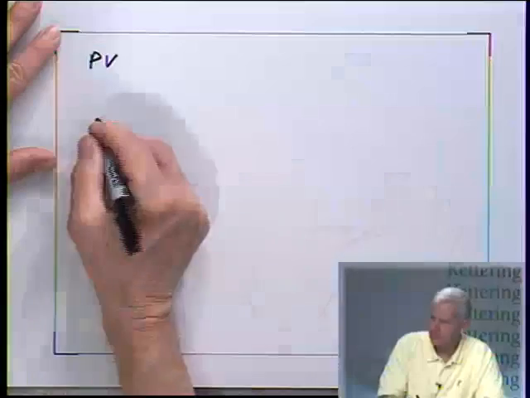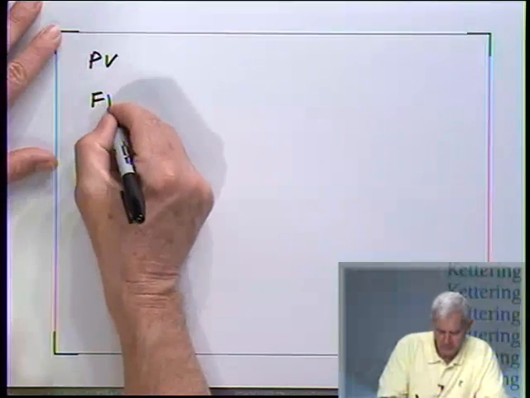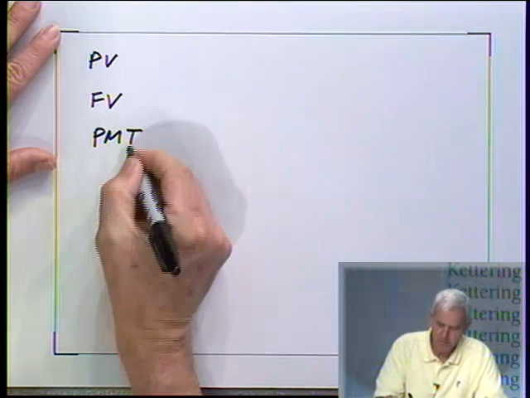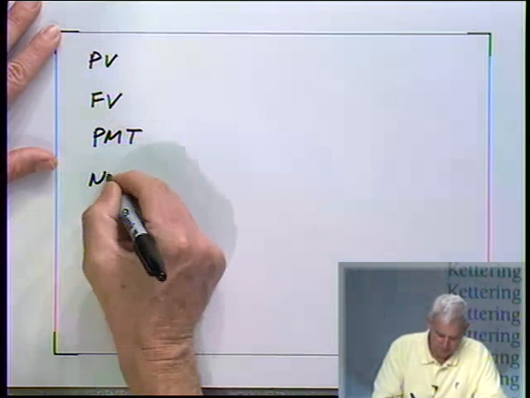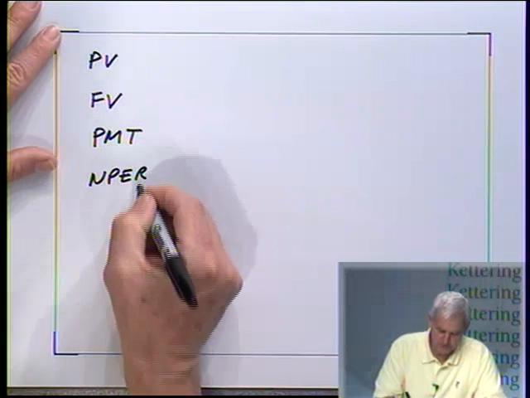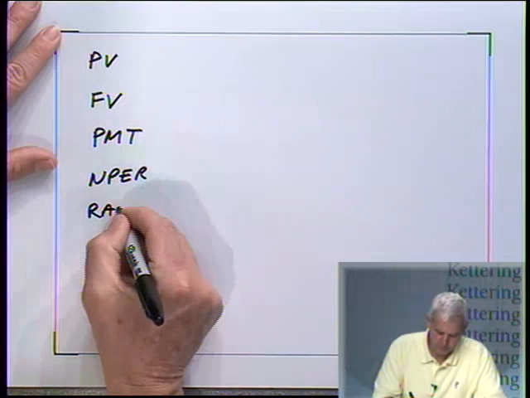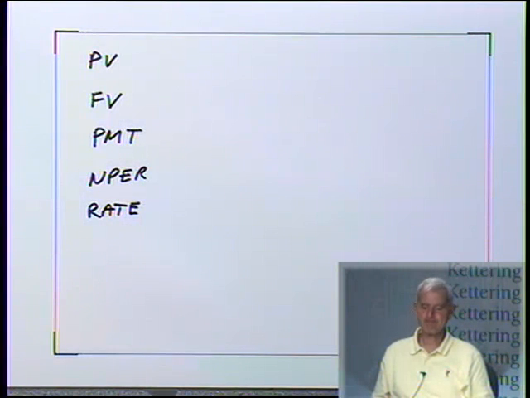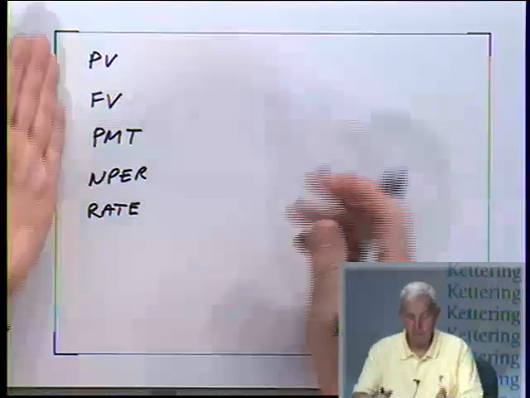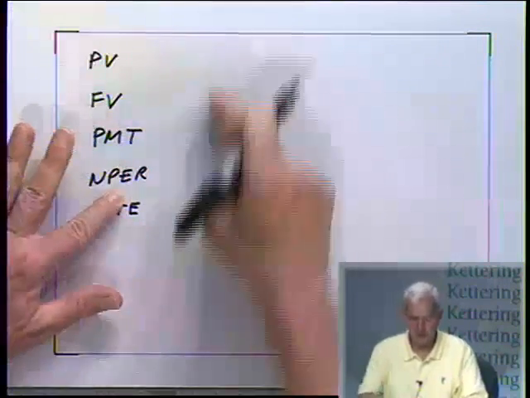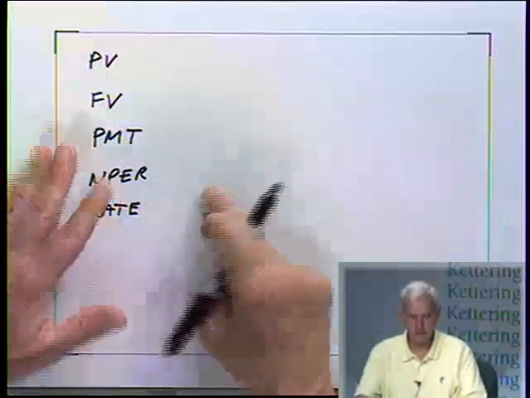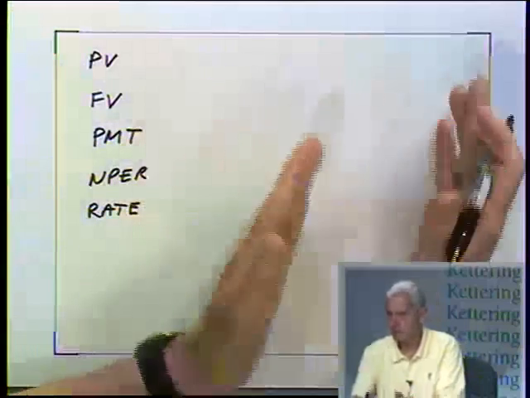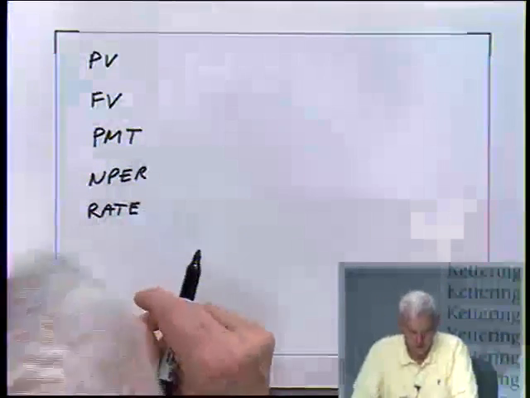Present value, future value, payment, number of periods, and rate. Now, before we had this set of variables and a column of data. Now we're going to have 4 columns of data. So space yourself out for 4 columns of data.